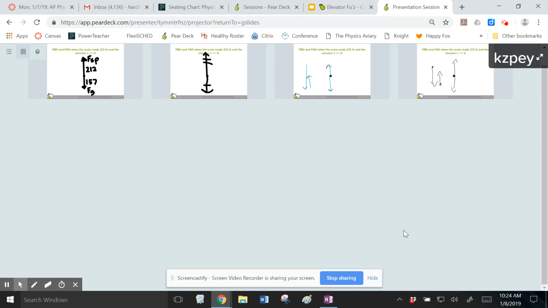Is that balanced? How not balanced is it? 55 pounds. Which direction is the excess force? Up. So I don't want to draw an arrow that's going to balance this.